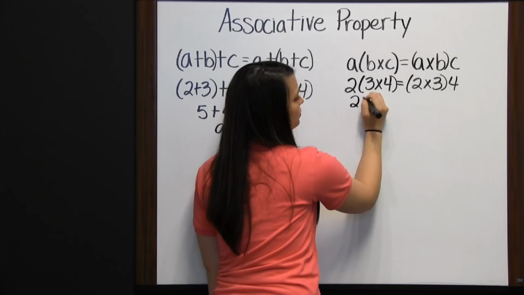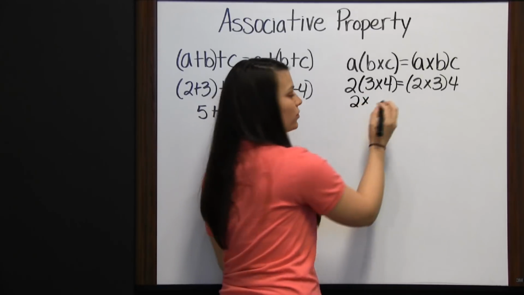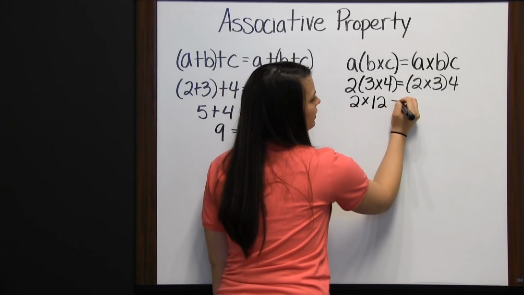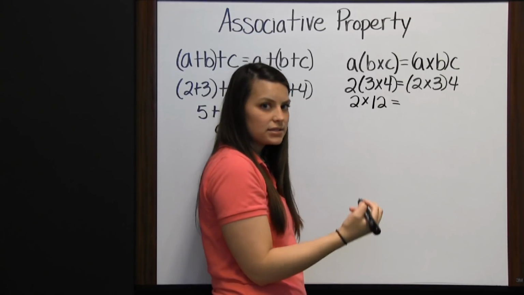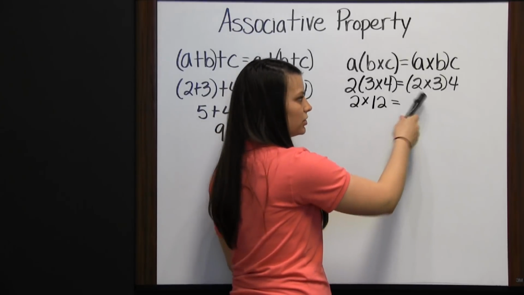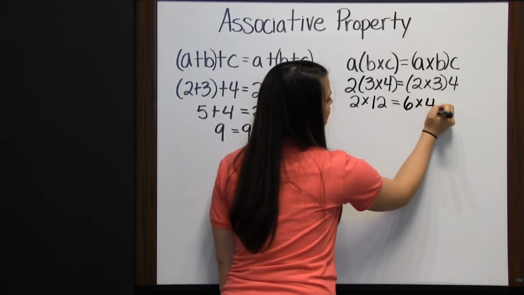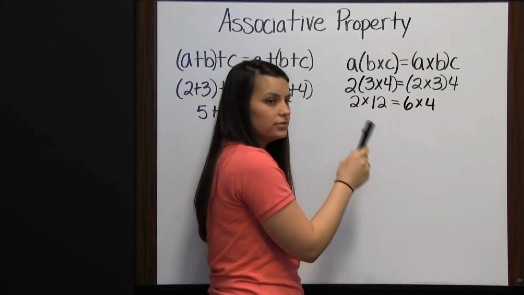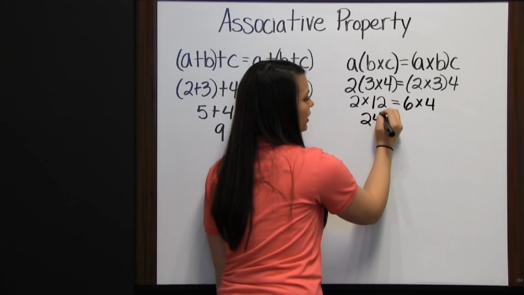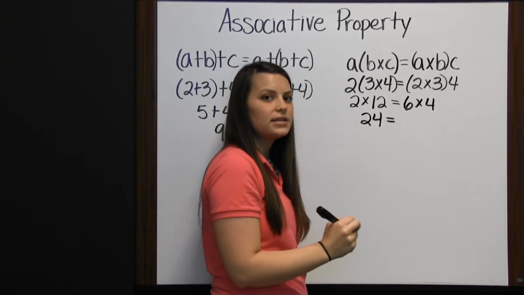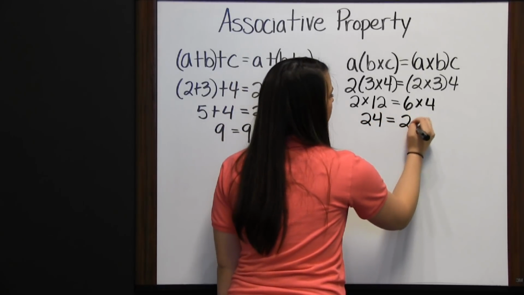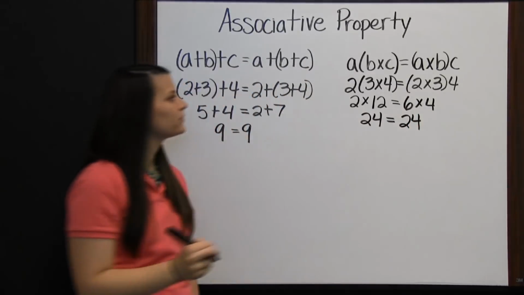So 2 times 3 is 6, times 4 is 24, is equal to, again starting in our parentheses, 3 times 4 is 12, 2 times 12 is 24, and that does equal 6 times 4, which is also 24.